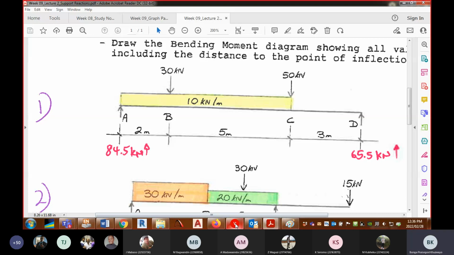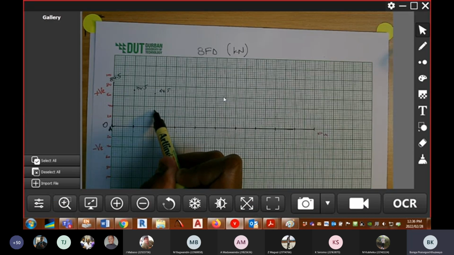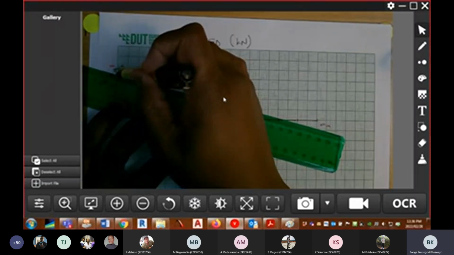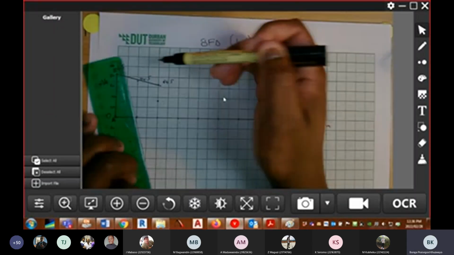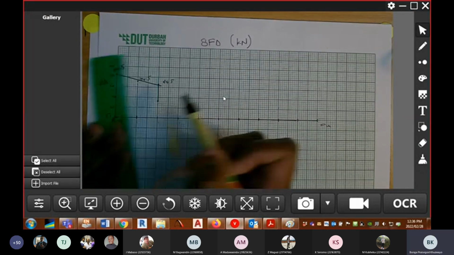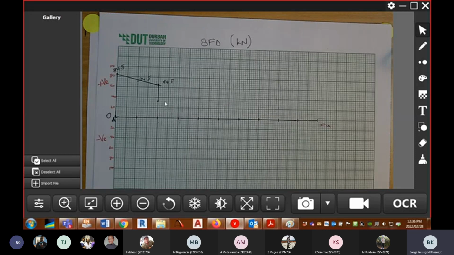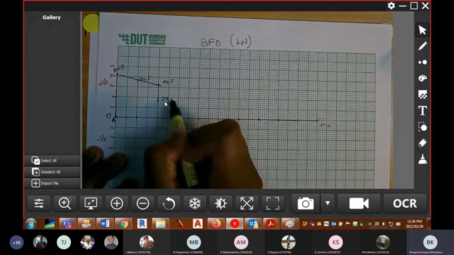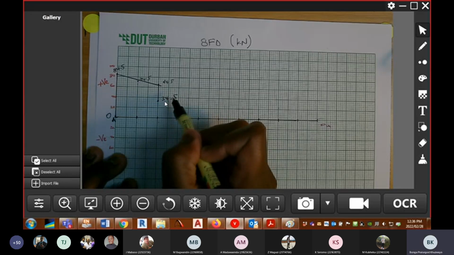It's somewhere there. So what we can do is join these two points. It's supposed to be a straight line. You'll have to forgive me for this. You have to join those points. So here we have 34.5.